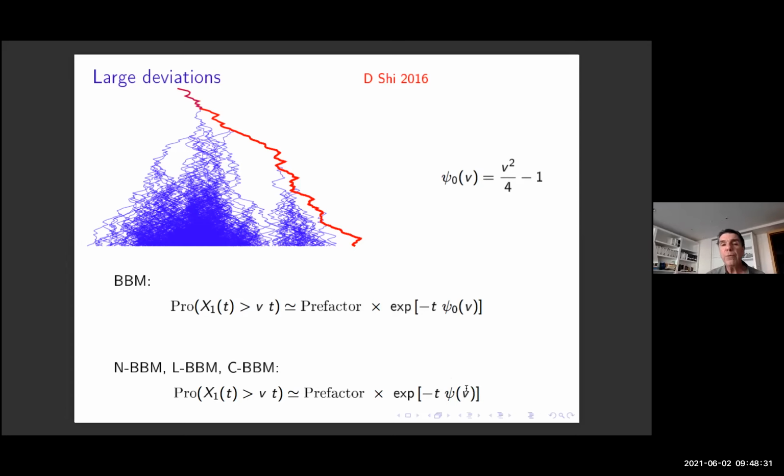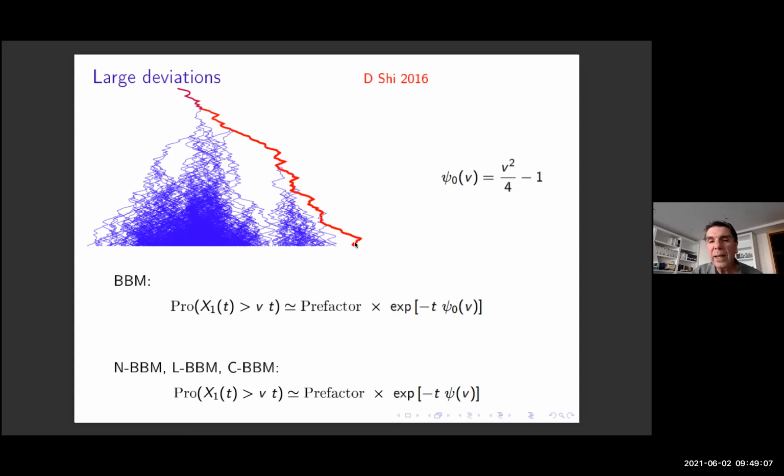And the picture is the following. The way of reasoning and the proof that we had is based on the following picture. We take a full Brownian motion, but when you go to the NBBM or LBBM, some branches will be cut. They will be cut because sometimes a particle is too far, or some particles have been erased. And the question is, what is the chance that the particle which reaches the position Vt has not been killed by the erasing procedure?